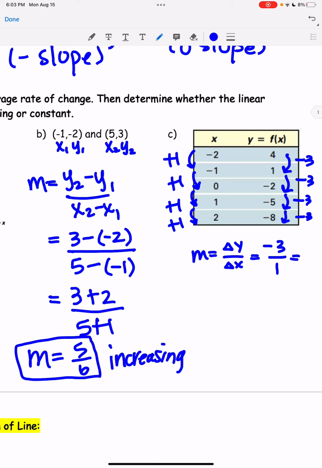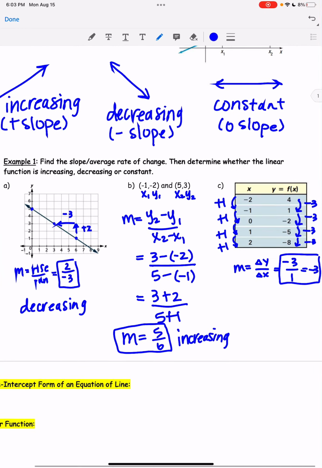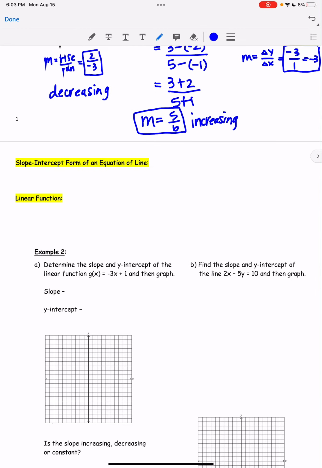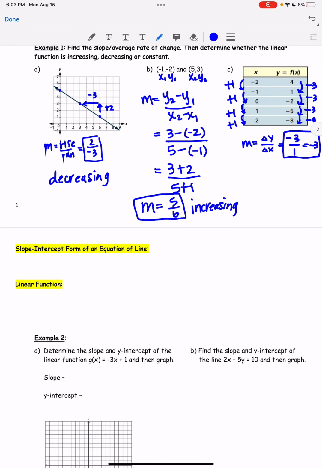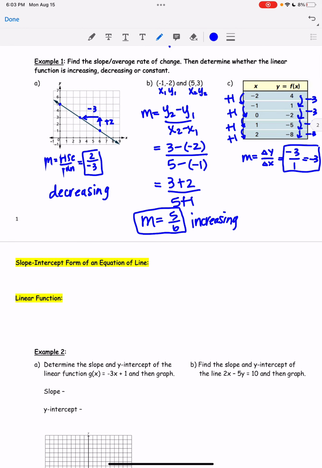So my slope here is negative 3 over 1, or just simply negative 3. Okay, and then again, because this is a negative slope, that means that my line is decreasing from left to right.